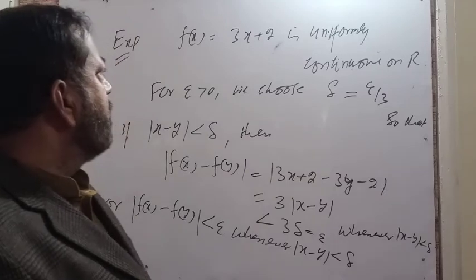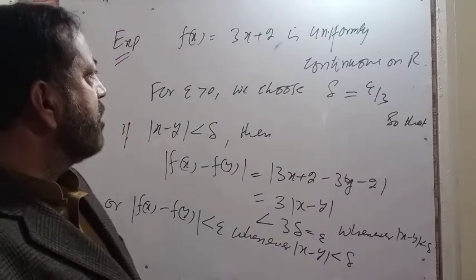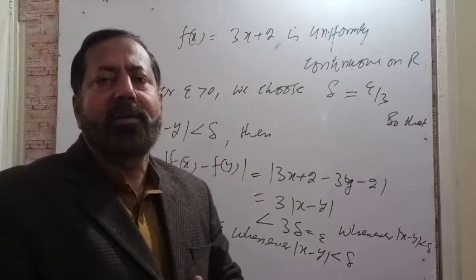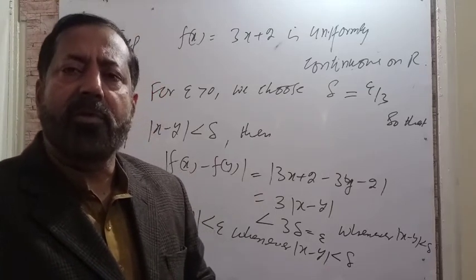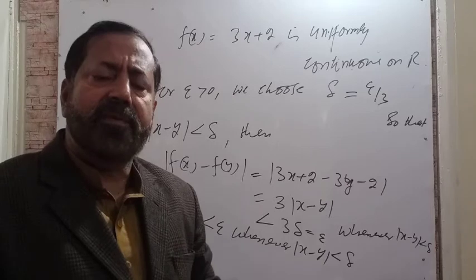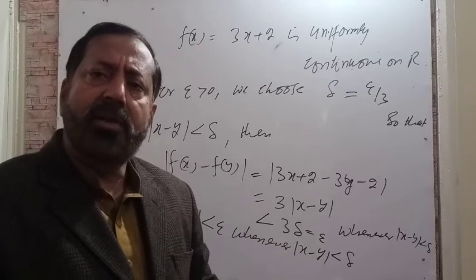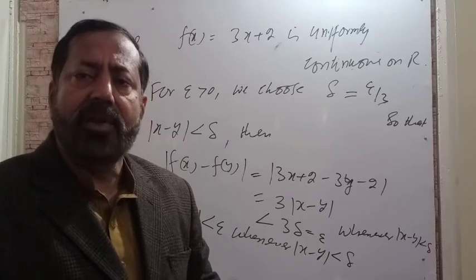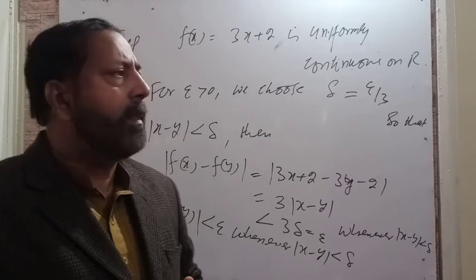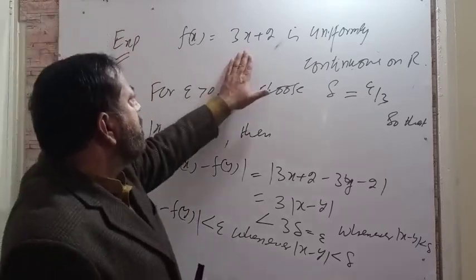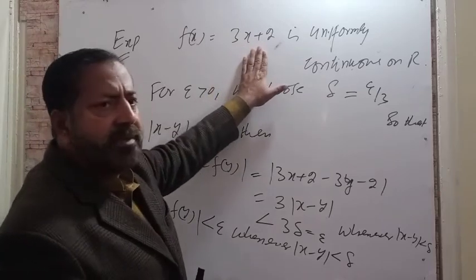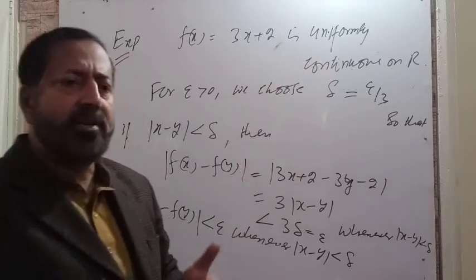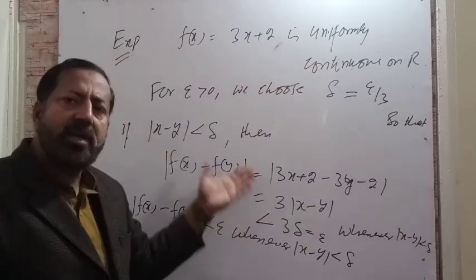There are no sharp jumps, so the chance of changing delta values is not possible. That's why the graph of a straight line is obviously uniformly continuous. However, you can see it with the help of this process as well.